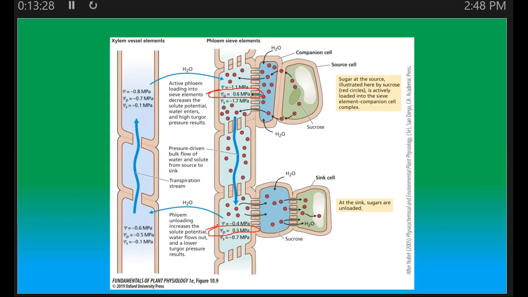So there's your pressure gradient. You have a higher positive pressure in the source, a lower positive pressure in the sink sieve tube element. So as long as you have a gradient like that, the sugar will move from that higher pressure area to the lower pressure area, from source to sink.